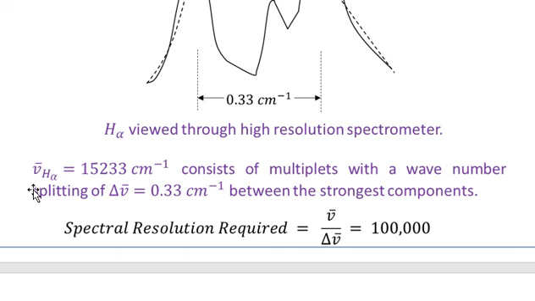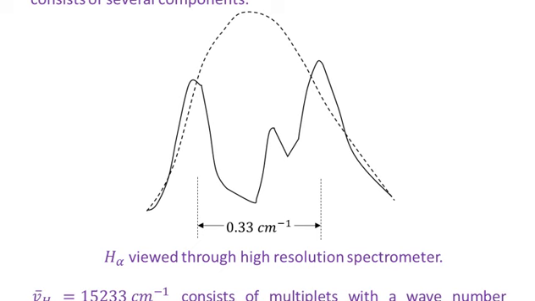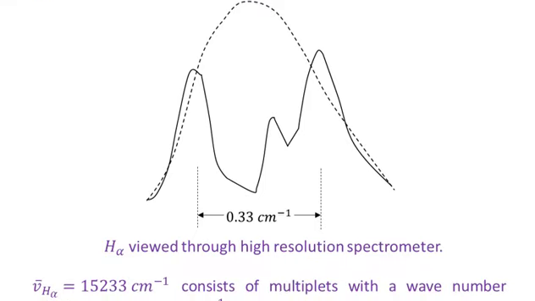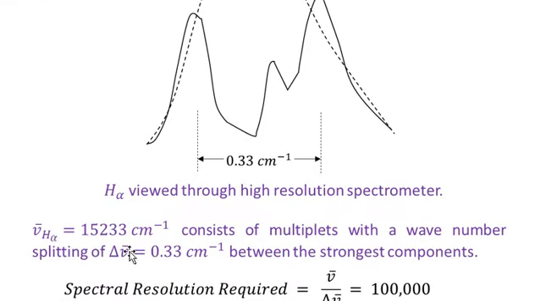Here, nu bar of the H alpha line, that is the central wavelength corresponding to the peak value of this dotted line, has an energy that corresponds to 15,233 centimeter inverse.